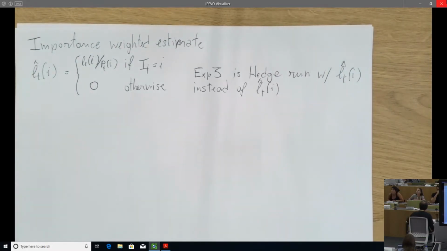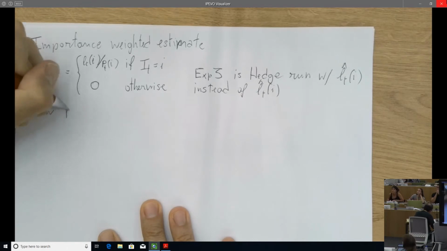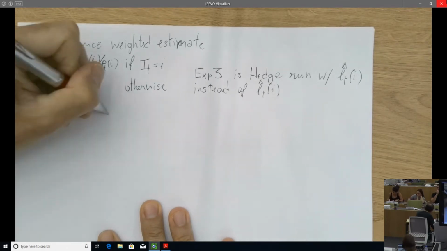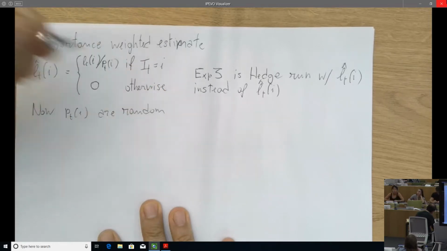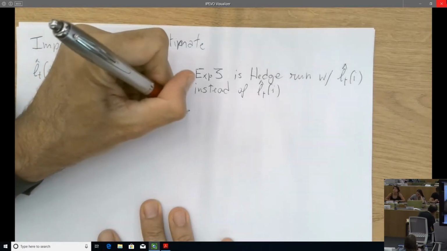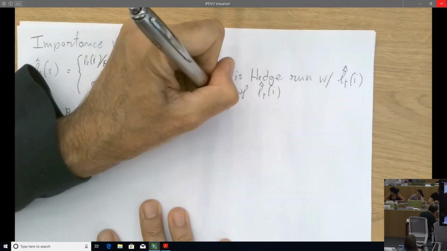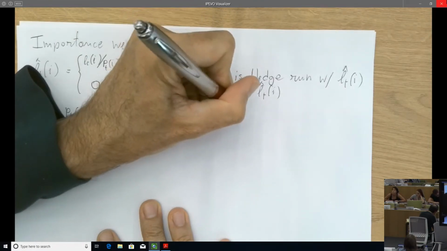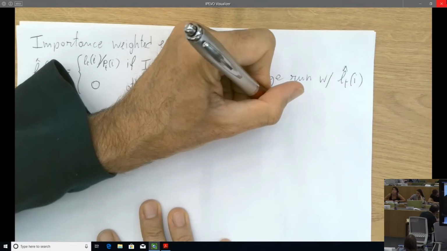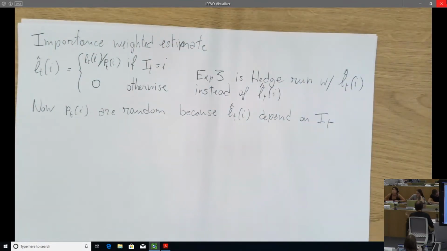Wonderful. So what are the properties of this loss? First of all, we have to notice that now these probabilities are random objects, because the L hat t,i depend on I_t.